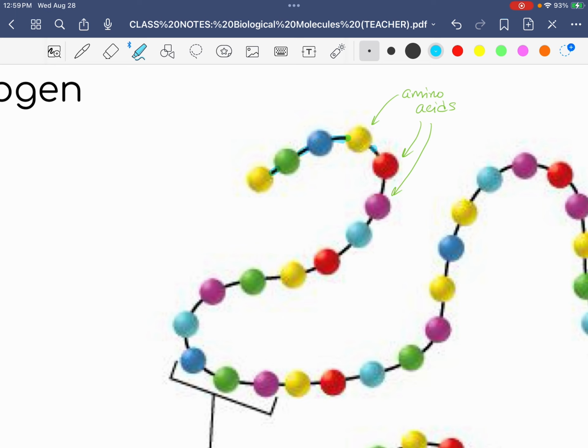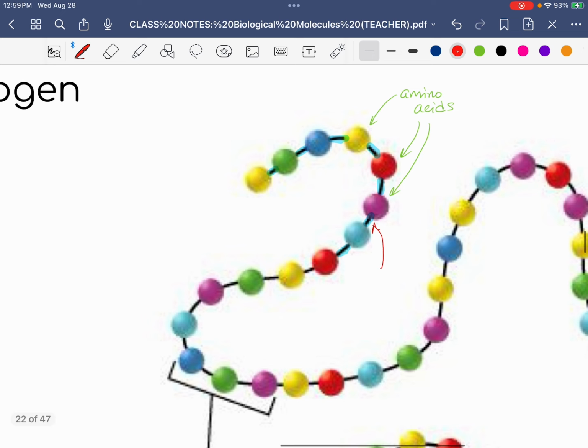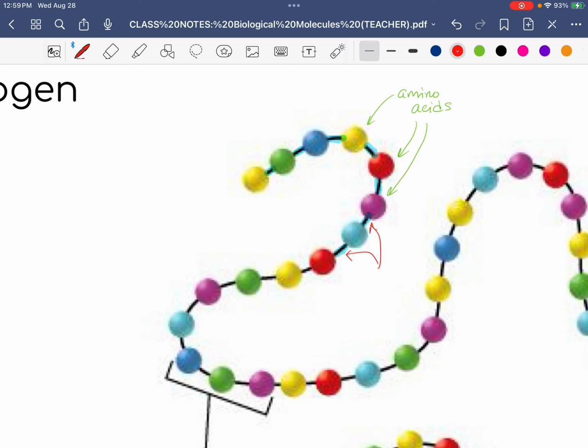So the covalent bond that connects the amino acids, that's called a peptide bond. So these here are the peptide bonds. And it's a type of covalent bond.